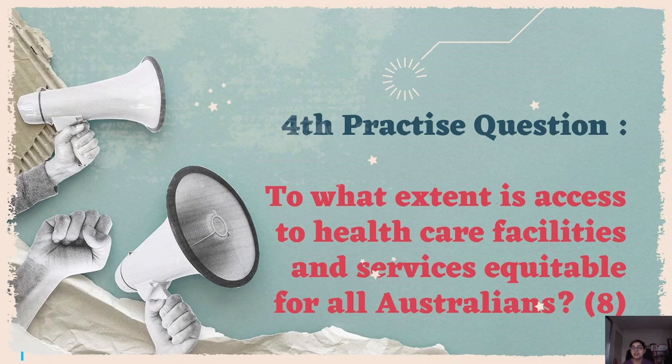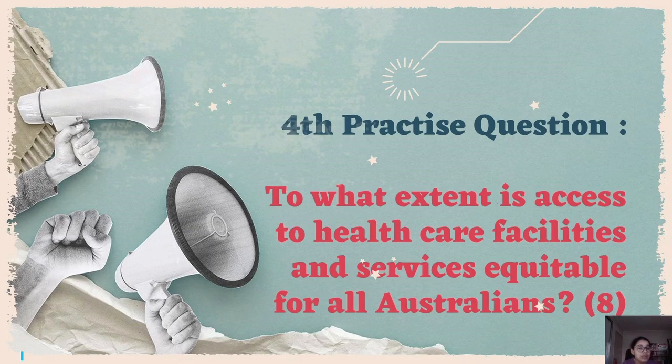So if you said Medicare, absolutely. Medicare would be one of the key things you talk about in this response, because that is the way in which generally they're trying to achieve equity, by giving everyone that option of Medicare, and also some people have the pharmaceutical benefit scheme attached to that, if they want, and that's for subsidized medicines.